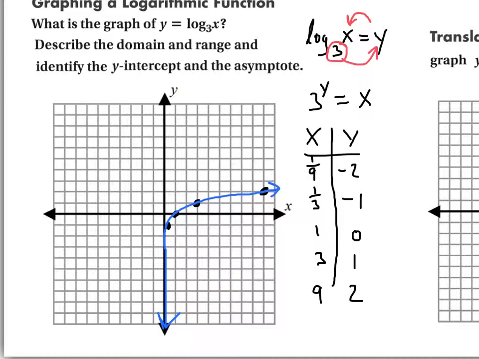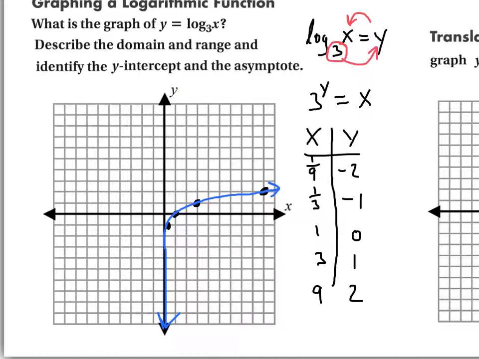Negative infinity? Nope, we can't go to negative infinity either because our graph does not go in that negative direction over here. What are the x coordinates that we can have? From 0 to infinity.